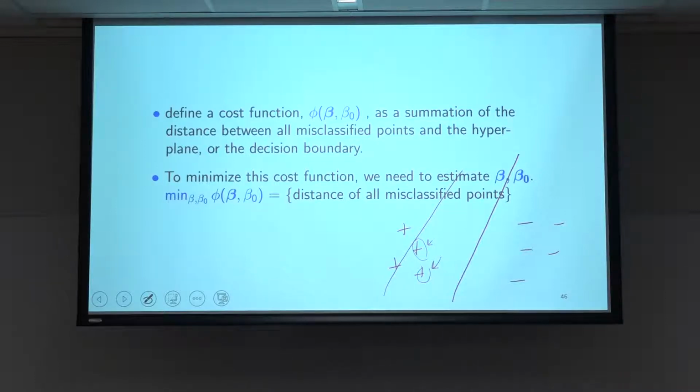So they have been misclassified. So the distance of these points to the hyperplane, the summation of these two distances, is my cost. So I have to minimize this. I don't like this. I'm looking for the hyperplane which has minimum distance of misclassified points to my hyperplane.